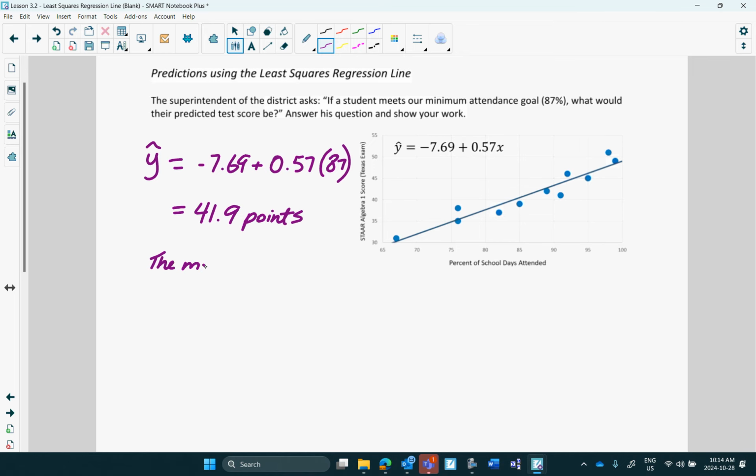So the minimum attendance percent predicts a score of 41.9.